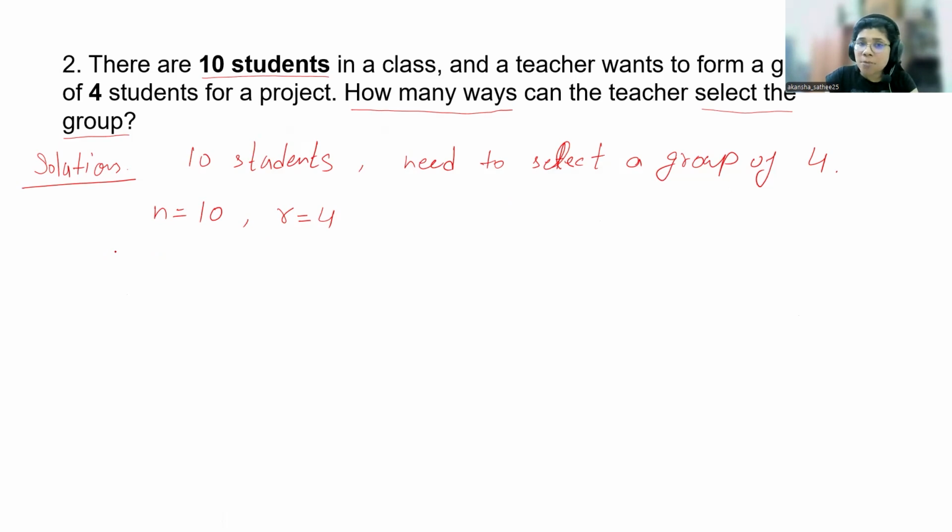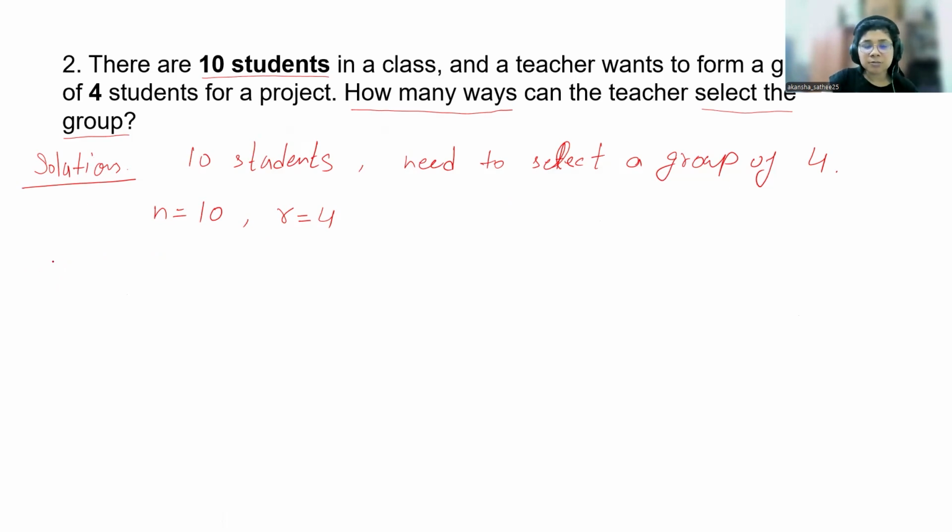So how many ways can the teacher select the group? Let's say there are students S1, S2, S3, S4, up to S10. So a teacher can take S1, S2, S3 and S4 or any 4 students, right? Because there is no condition other than out of 10 students, you just have to pick 4 students. So there is no other condition.